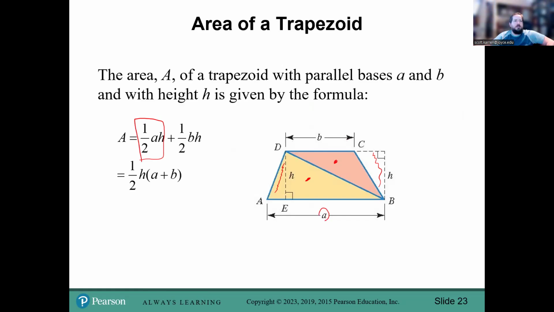Since I can't call them both B for base, I'm going to call one of them A. So it's 1/2 base A times the height, plus 1/2 base B times its height, and they should have the same height, but I can factor out a 1/2 out of both, and I can factor out an H out of both. And so it ends up being 1/2 H times A plus B.